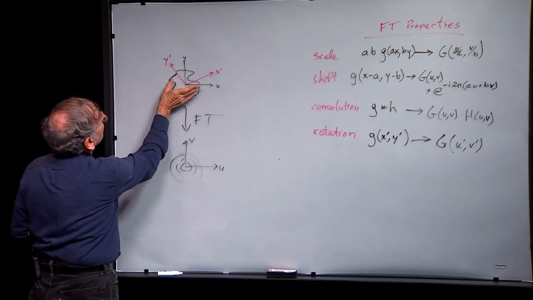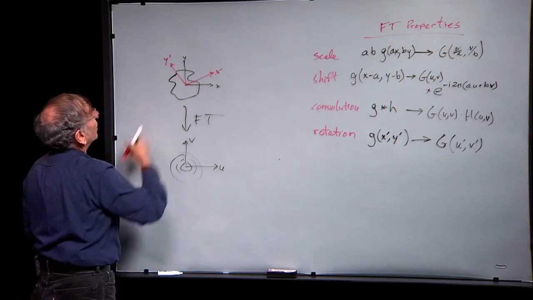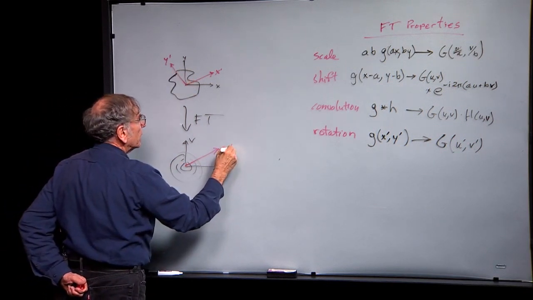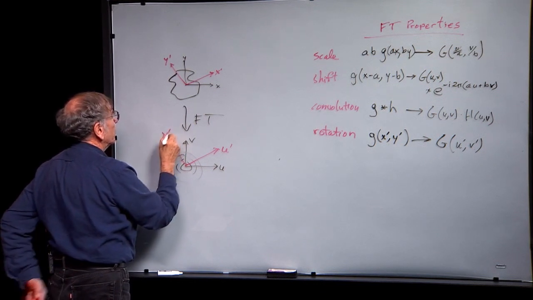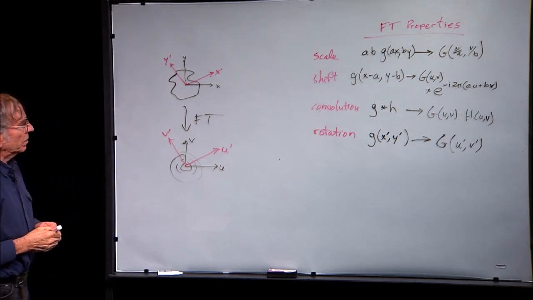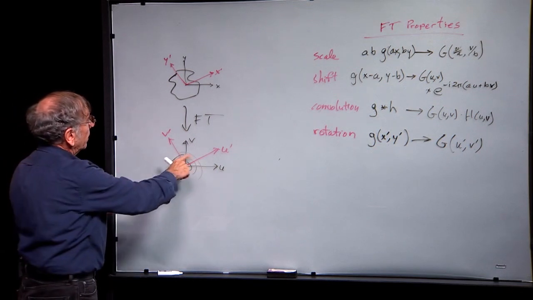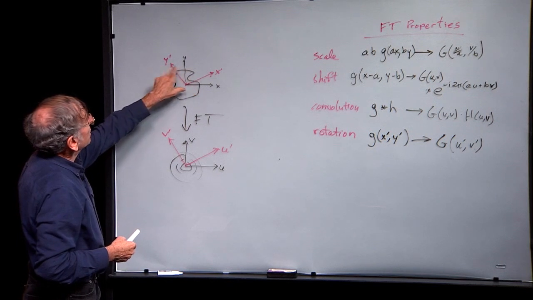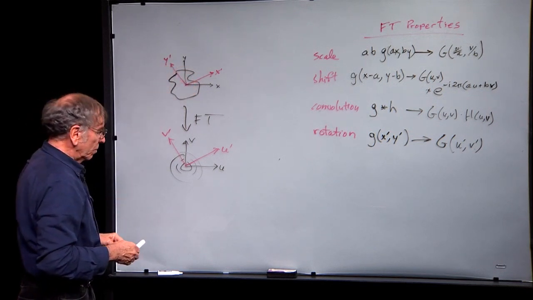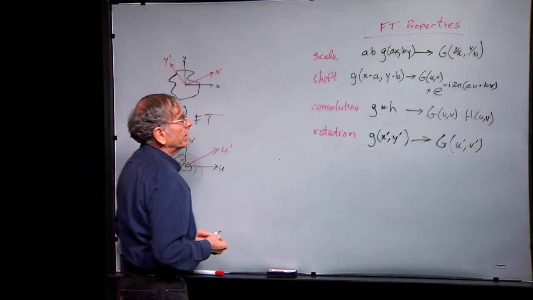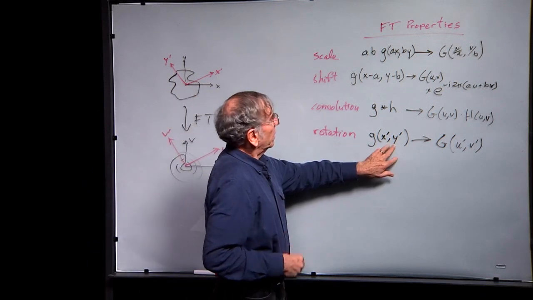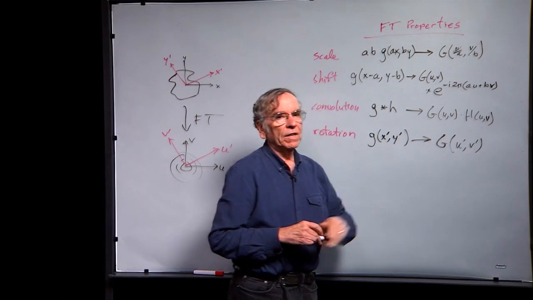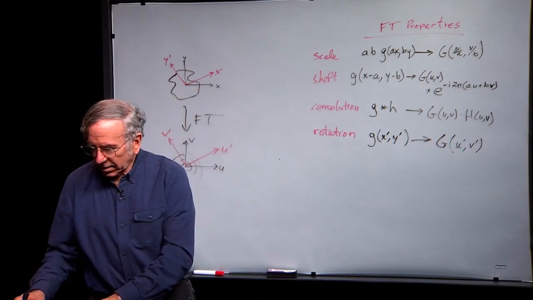It turns out that if I change the coordinate system to x prime, y prime, rotated at a certain angle, then if I define a u prime and a v prime, which are rotated by the same amount, then this pattern interpreted in the new coordinate system is the same as the original pattern interpreted in the new coordinate system. So what I've written here is, if g is evaluated on a rotated coordinate system, then big G is evaluated on a similarly rotated coordinate system.